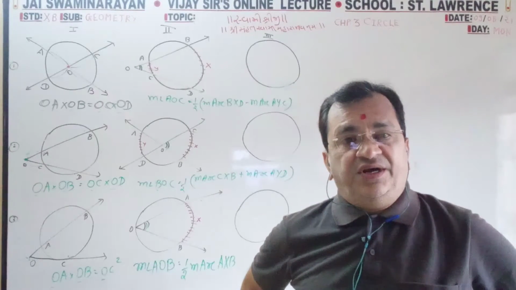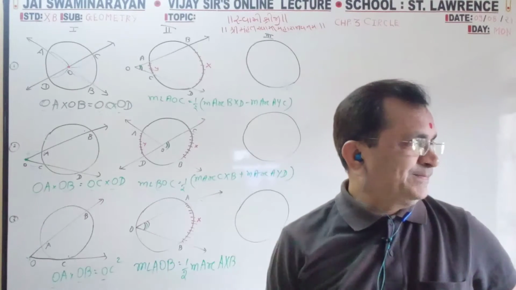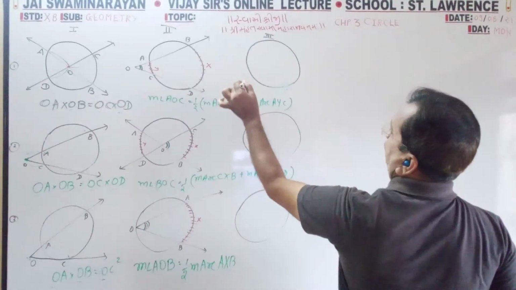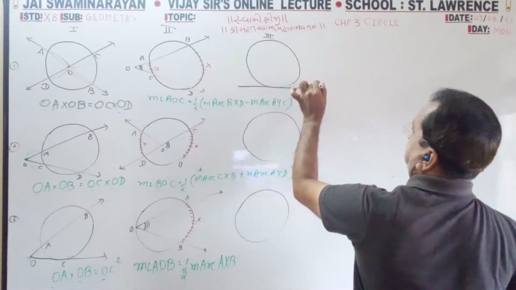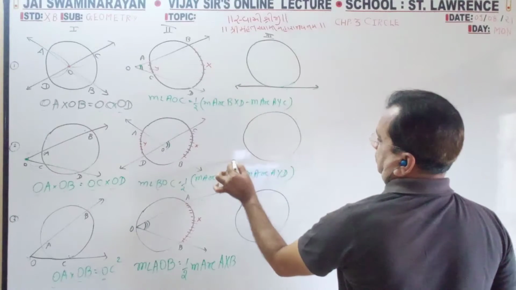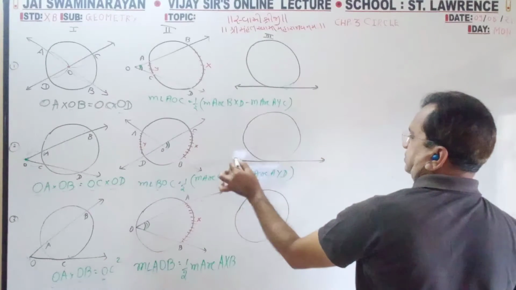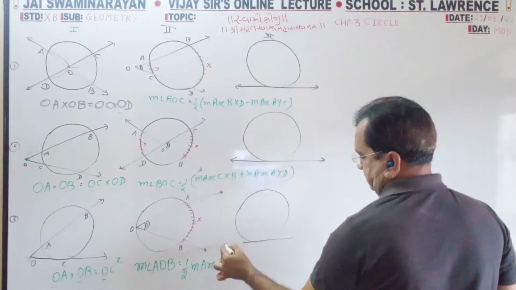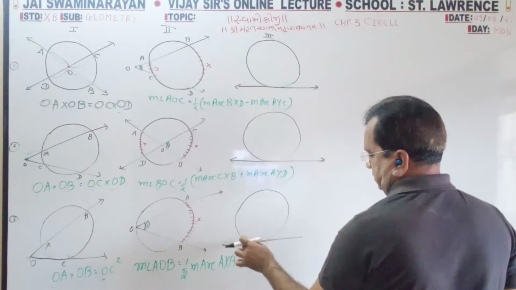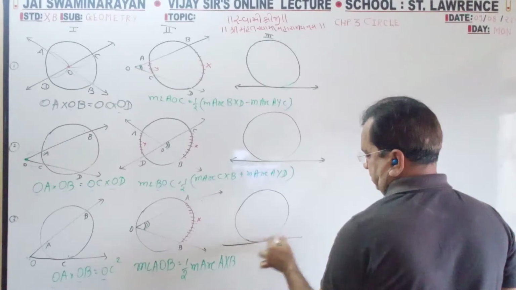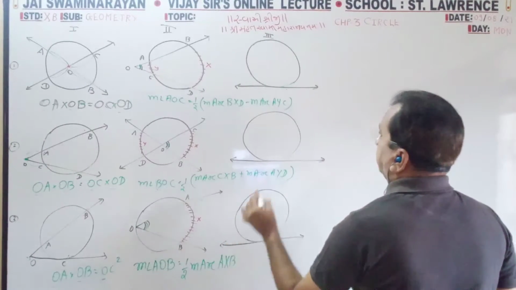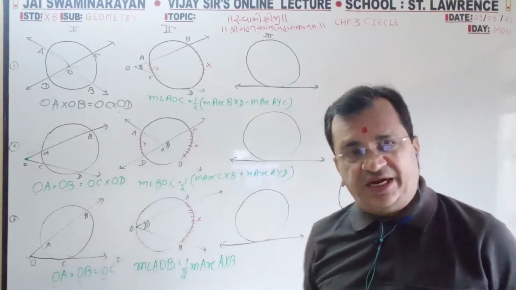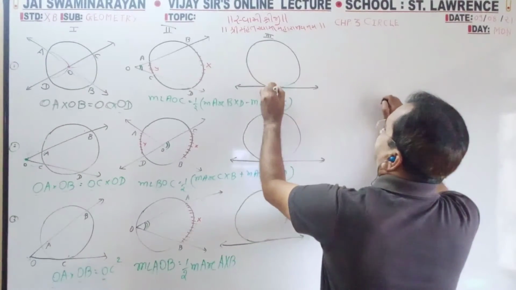Inscribed angle in a different way. One is tangent. One tangent and second passing through the center.